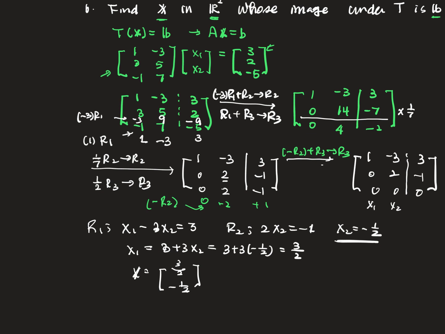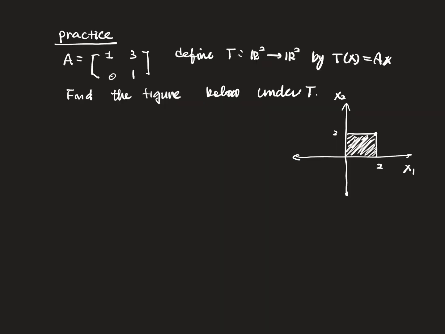That makes sense? So we practiced how to find the image, how to find the vector in the domain. Okay, let's do another practice for matrix transformation. I give this square.